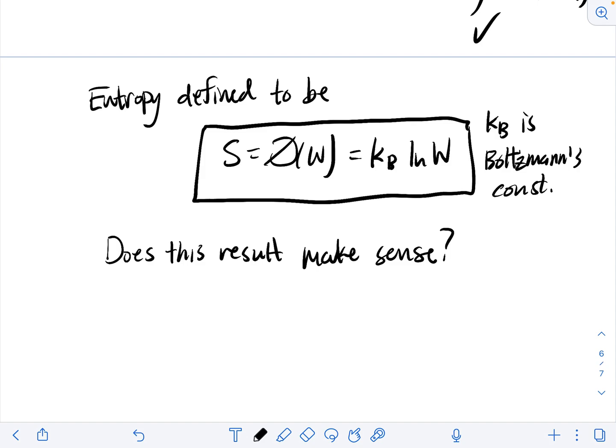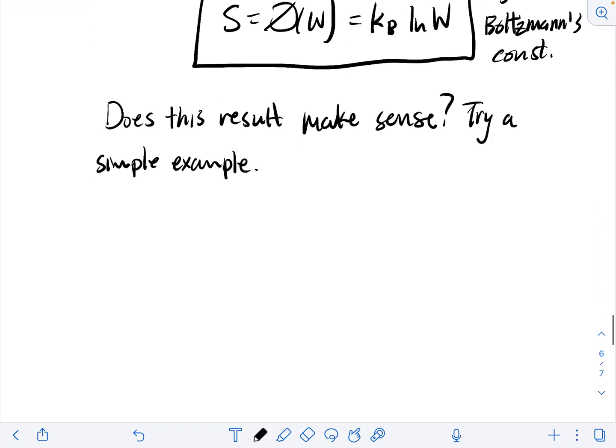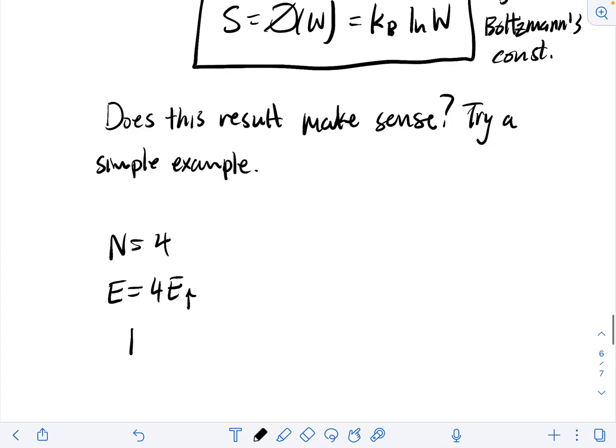So let's try a simple example. Let's do the n equals 4 case of spins, but this time let's require our system energy to be the energy of 4 spin-ups. So all the spins have to be up. And of course there's only one arrangement of 4 spin-up spins, and all 4 of them just have to be pointing up.